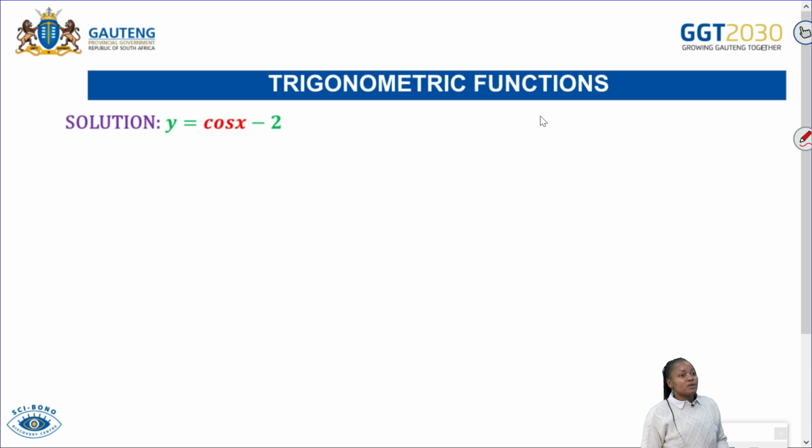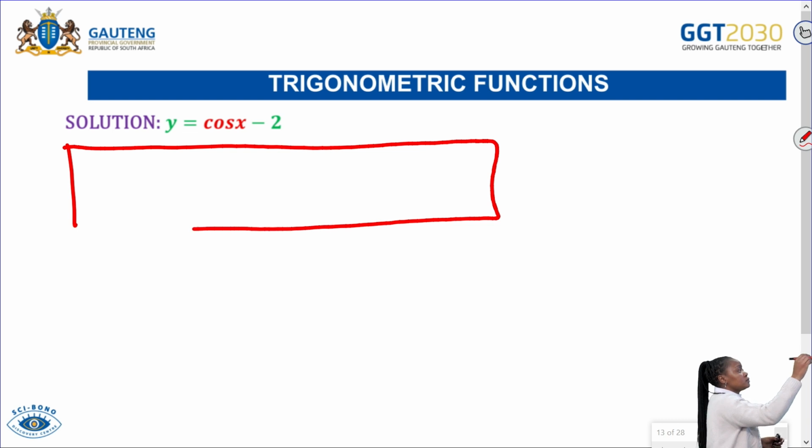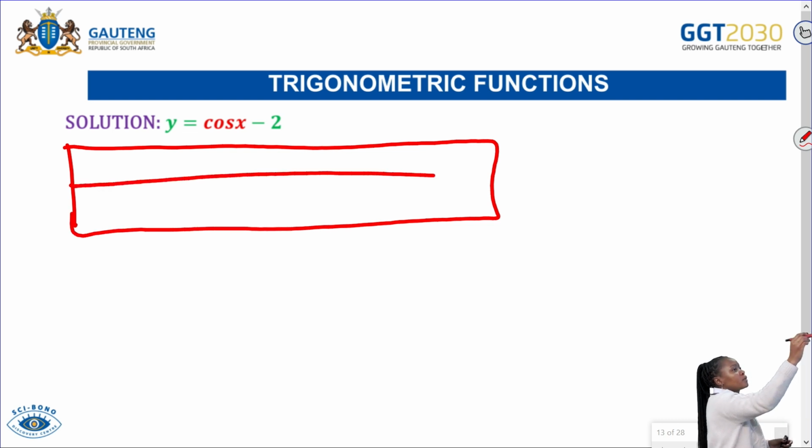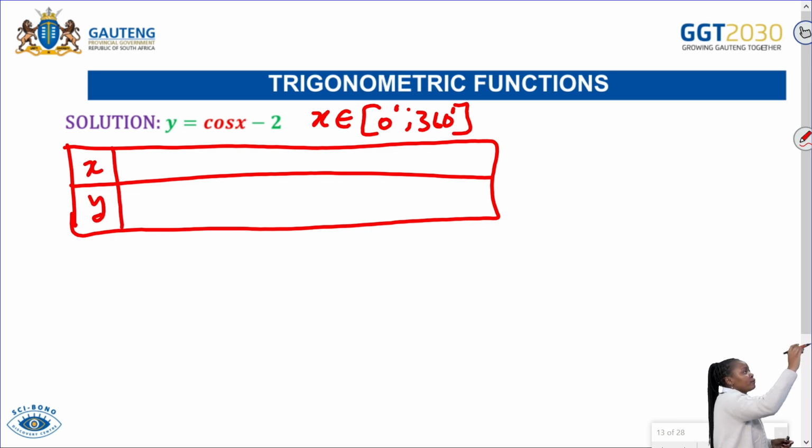Okay, so look at y equals cos x minus 2. I'll give you a minute to sketch that one fast. In the meantime, I'll be doing my table. Remember, we restricted the domains to be from 0 degrees up until positive 360 degrees, right? So you'll have your x, you'll have your y.